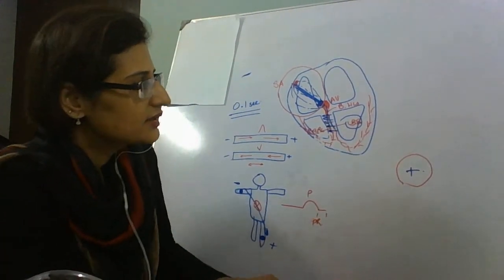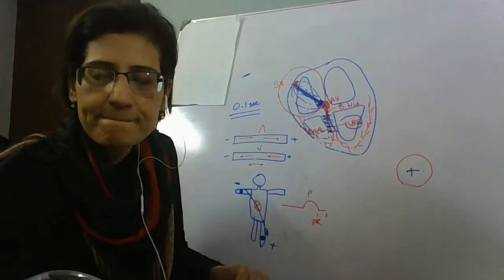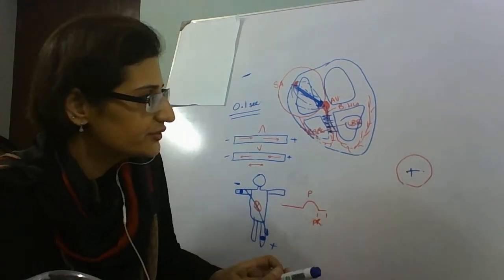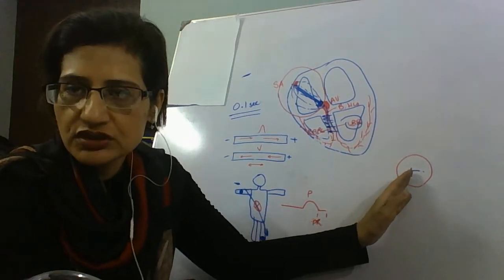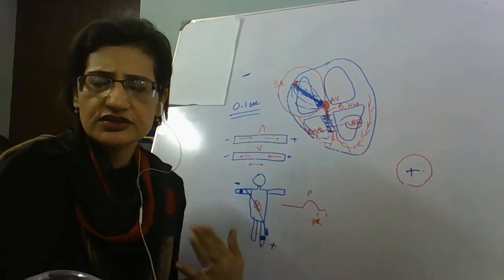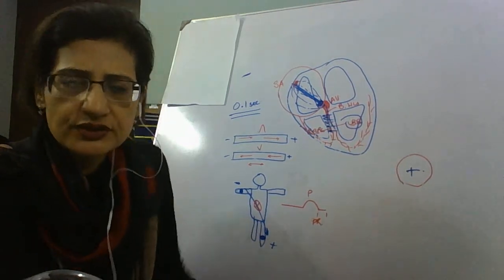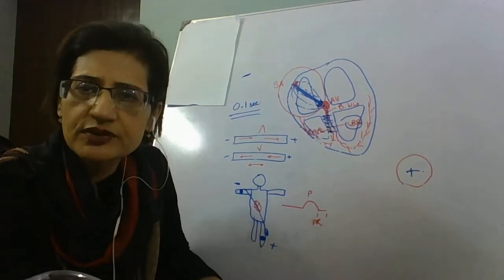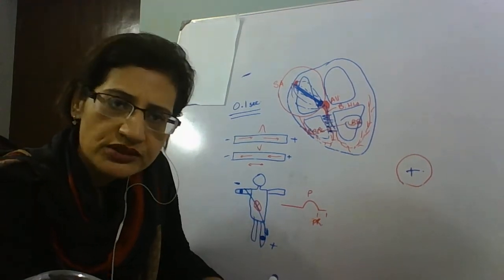Now look at it from the point of view of the positive eye. What do you see? From the left foot, the vector which is going slightly towards the right and upwards through the septum originating from the left bundle branch, how would it appear?